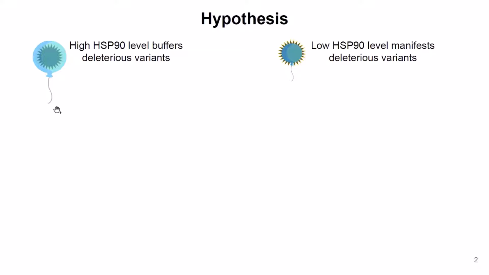In this scheme, the balloon represents the buffering activity of HSP90, and as soon as it's big enough, it will hide the needles of the hedgehog that is inside. And if we deflate the balloon, that is, we decrease the level of HSP90, we will see the needles.